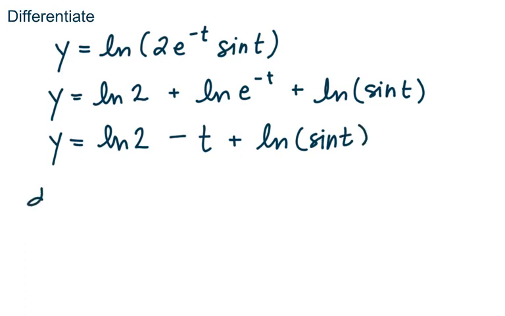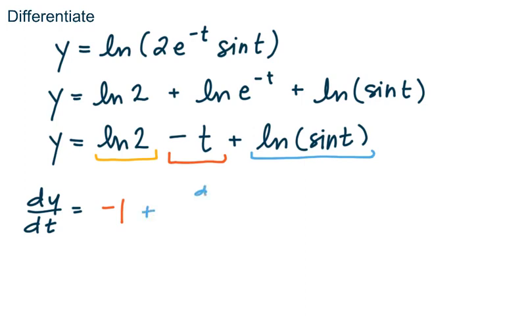So now if I look at the derivative of y with respect to t, the derivative of a constant is 0. I don't need to write that. The derivative of negative t would be negative 1. And lastly, the derivative of a natural log, chain rule, is derivative of the argument over the argument. So that would be plus d dt of sine t divided by sine t.